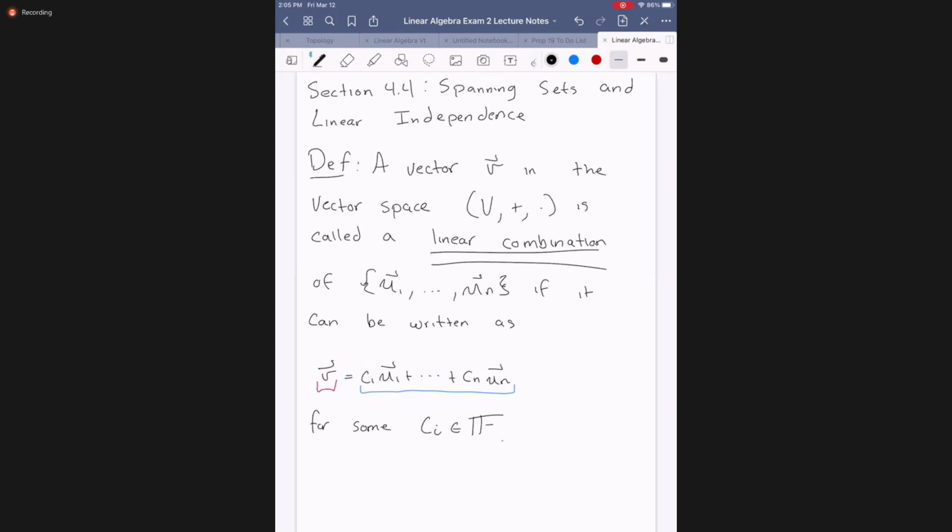Okay. So now let's investigate some examples out of this. This definition could be very abstract, but we can illustrate with some examples now.